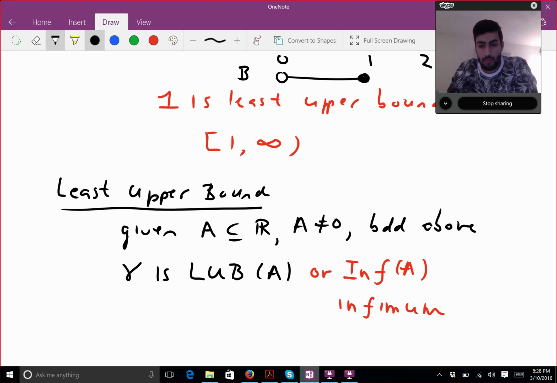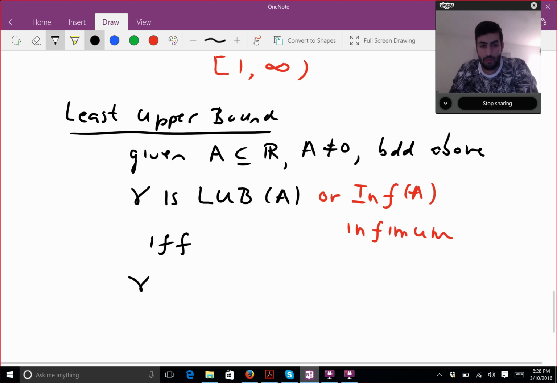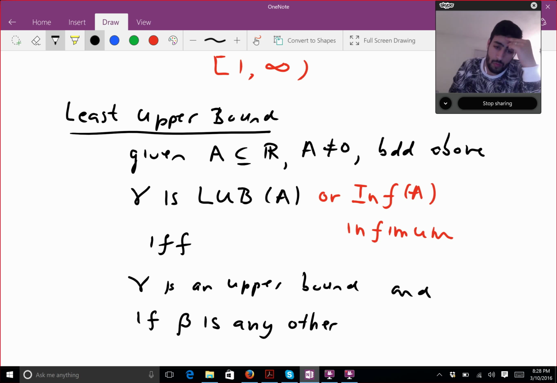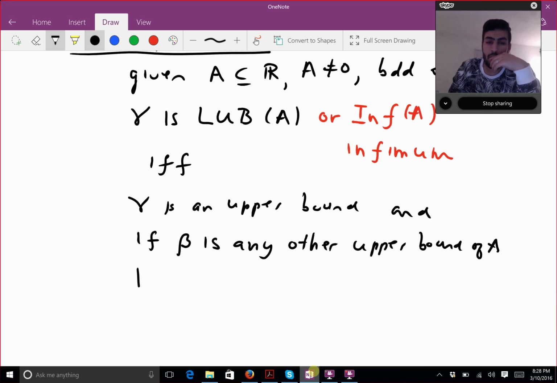So this is the least upper bound of A if and only if, first of all, it's an upper bound, right? And if beta is any other upper bound of A, then gamma has to be less than or equal to beta, because this is the smallest upper bound.